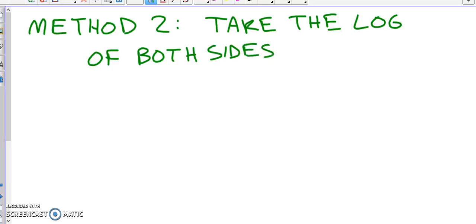This will almost always be common log or natural log, just because those are the ones that, if you have to do a decimal approximation, your calculator can do. The thing you have to understand, and this is vitally important, is that to kill an exponential, you use a logarithm.